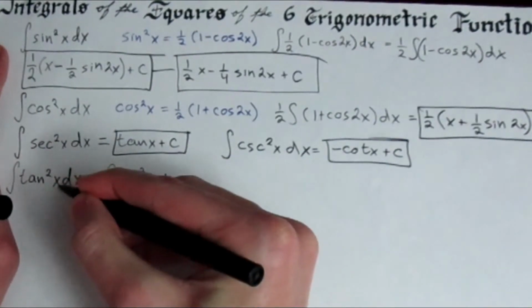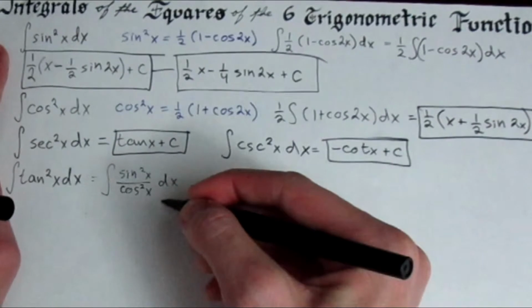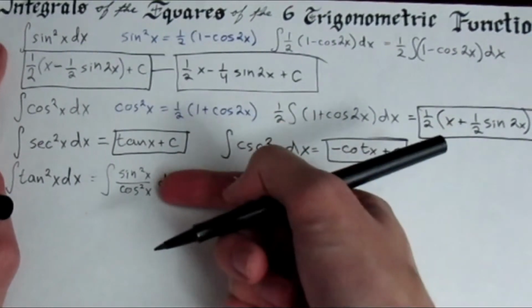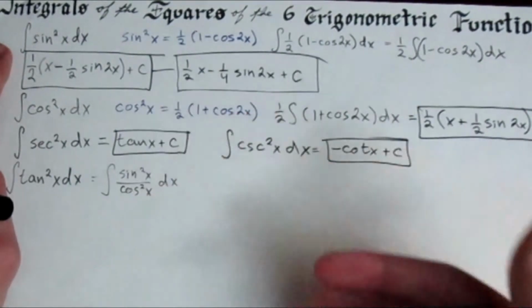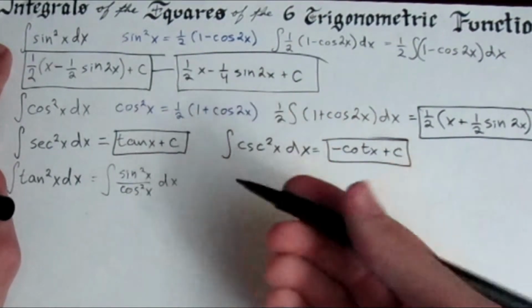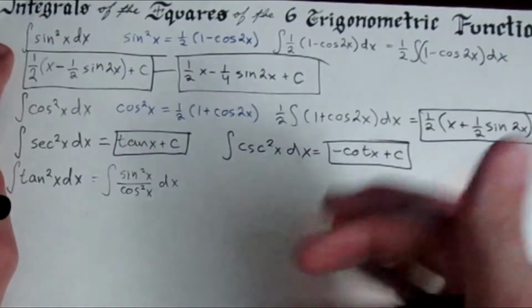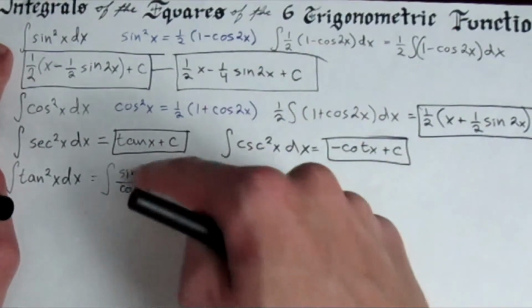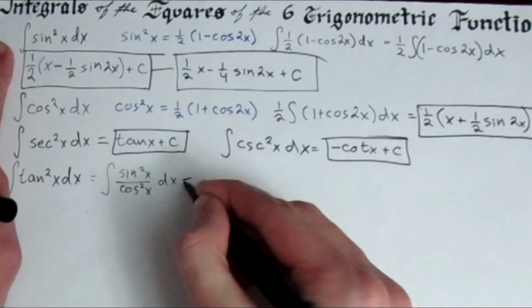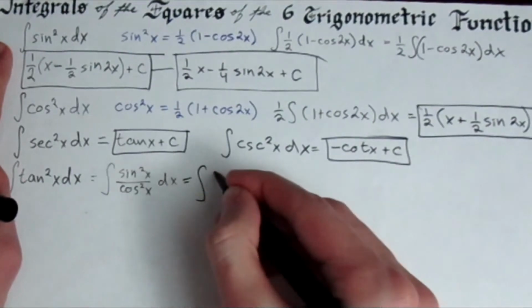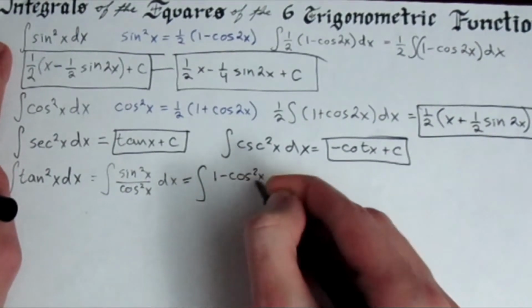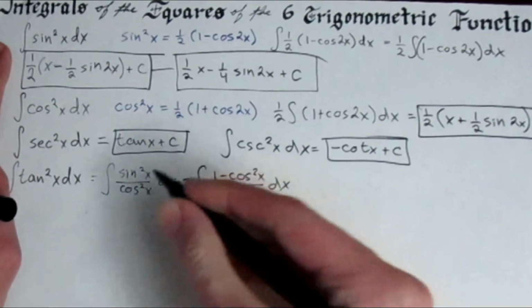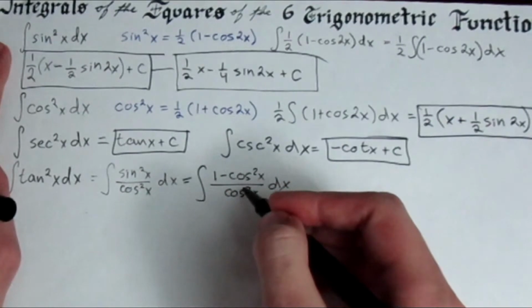Can we integrate it just like this? Well, no. We have to use a Pythagorean identity for the numerator. Keep the denominator the same and replace the numerator with an identity. Sine squared x equals 1 minus cosine squared x, right? That is equivalent to that.